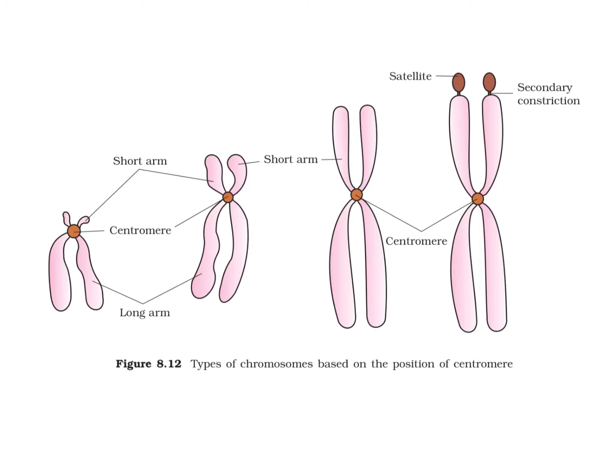A satellite is a special structure found in special types of chromosomes. Otherwise, all the types, metacentric, submetacentric, acrocentric, as well as telocentric chromosomes, are shown. The short arms, the long arms, the centromere portion, everything is shown in this diagram.